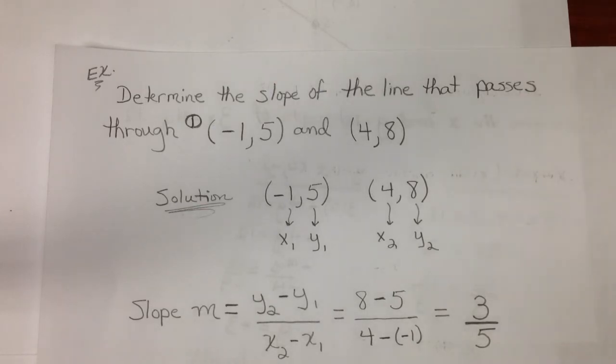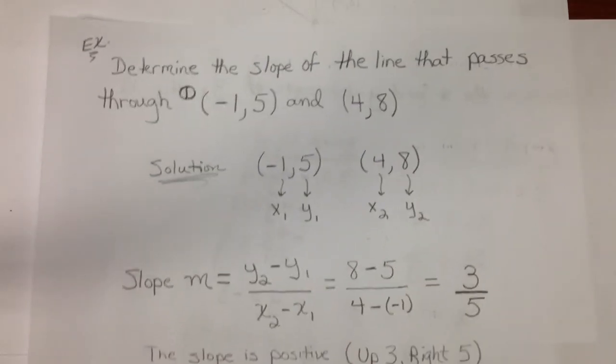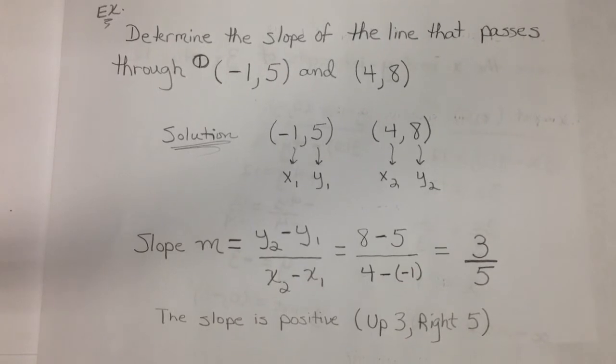This is a positive slope, so the line moves upward as it proceeds from left to right: up 3 and out to the right 5 units.